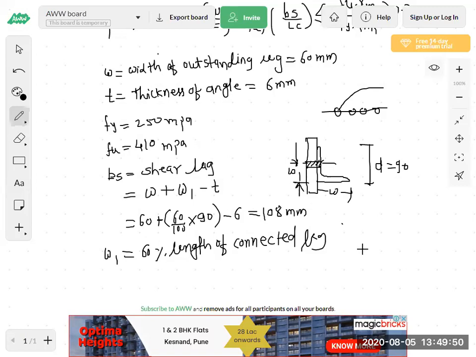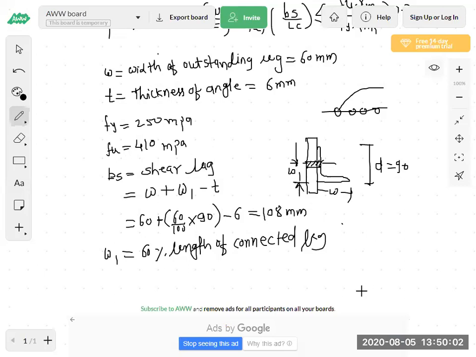When I explained the beta formula, I drew 3D sketches of the shear lag. Those who were present for that lecture know I drew the 3D sketch and how the shear lag occurs: the shear force transferring from the first bolt to the last bolt is different. That is the shear lag.